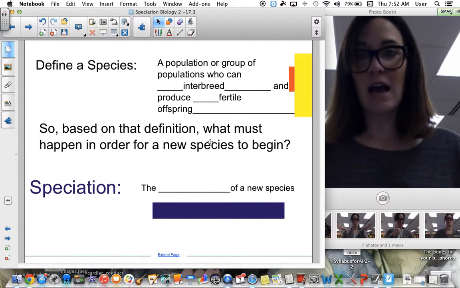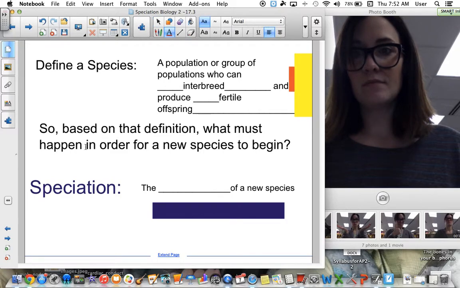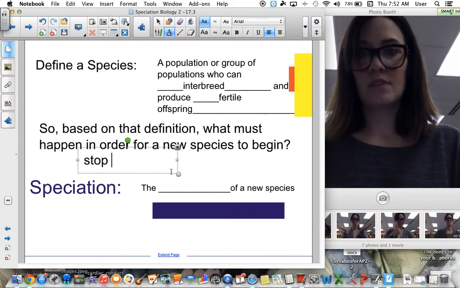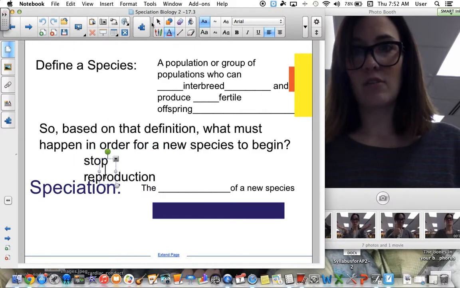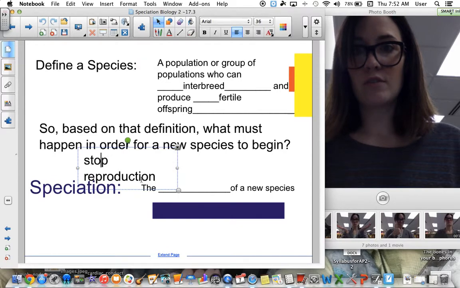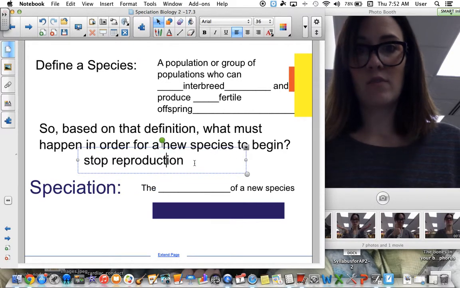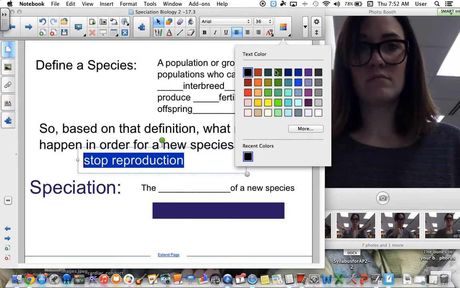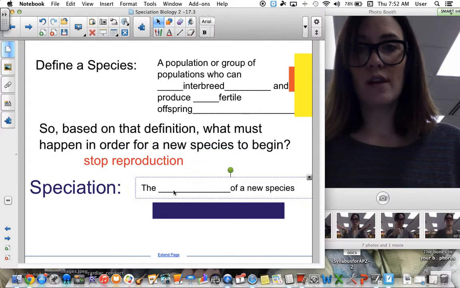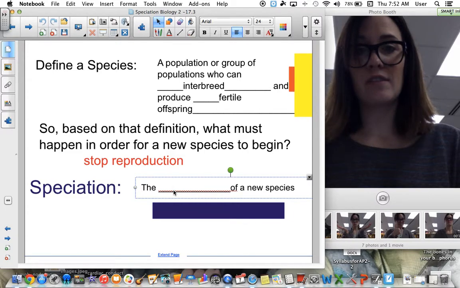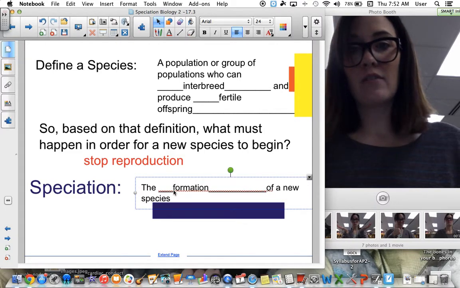They'd have to stop reproduction somehow. That's crucial for a new species to begin. The reproduction between species needs to stop somehow. So like I said before, speciation, the definition of it is the formation of a new species.